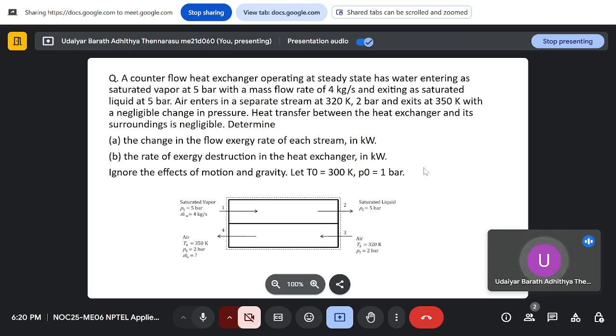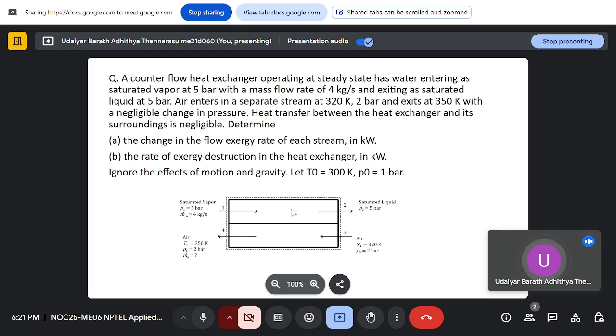Air enters in a separate stream at 320 Kelvin and 2 bar and exits at 350 Kelvin with a negligible change in pressure. Heat transfer between the heat exchanger and its surroundings is negligible. Determine the change in the flow exergy of each stream and the rate of exergy destruction in the heat exchanger. The dead state condition is T naught is 300 Kelvin and P naught is 1 bar.